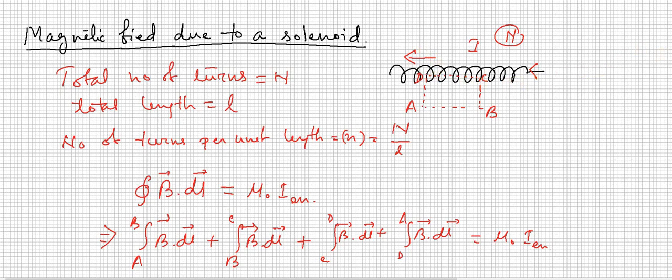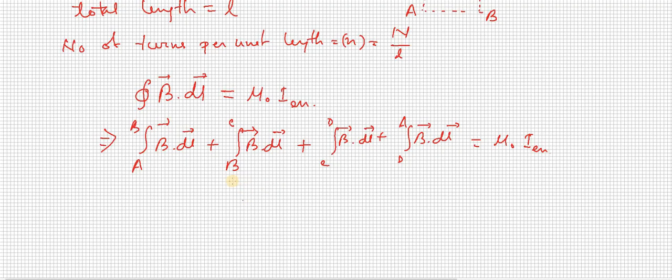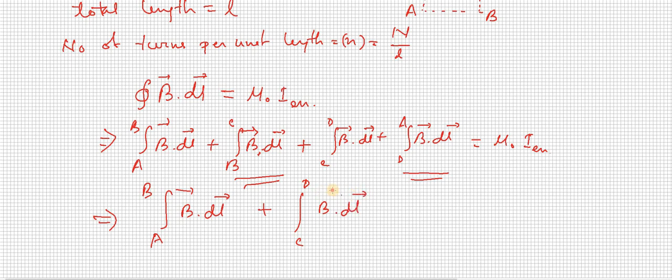So these two terms, BC and AD, will vanish because their dot product will be 0. The remaining terms simplify to A to B, B dot dl, plus C to D, B dot dl, is equal to mu naught times the total current enclosed.